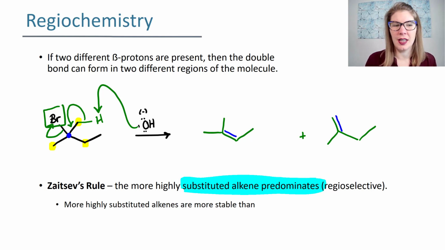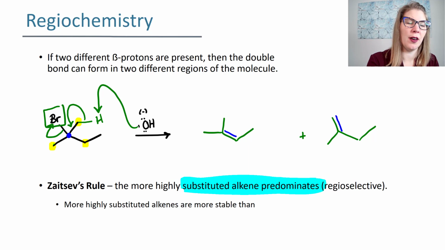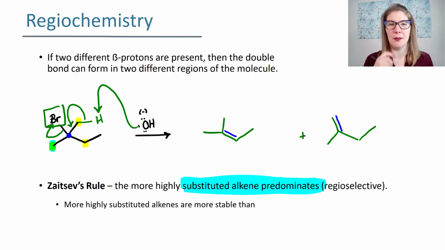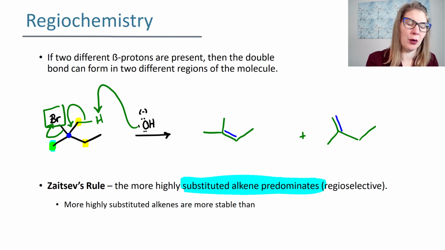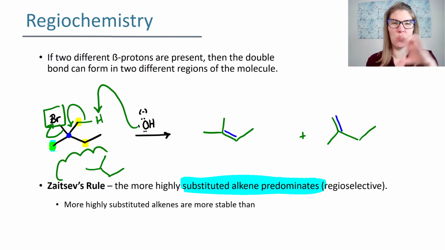Now I said a couple of times that if we pulled off a beta proton where I just highlighted in blue, that we would get the same product. Let's just do that really quick. If we ended up pulling off that proton, I'm just going to do this in my head over here. And I just redraw that structure, and I draw in a pi bond between the beta carbon and the alpha carbon. I would get this.